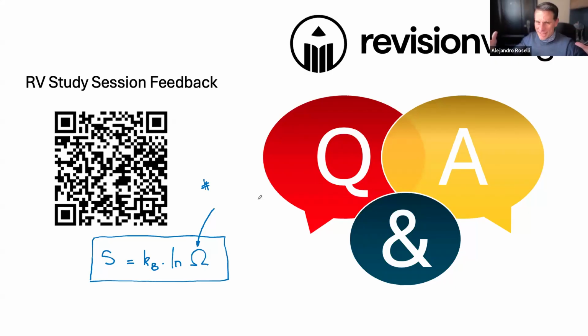Let me expand that idea. Any system that's defined in terms of, let's say, volume, pressure, and temperature, we might observe that the volume remains constant, the pressure remains constant, and the temperature might remain constant as well. But at a microscopic level, things are moving, things are changing. The system is evolving, changing from one microstate into a different microstate, all of them with the same volume, pressure, and temperature.